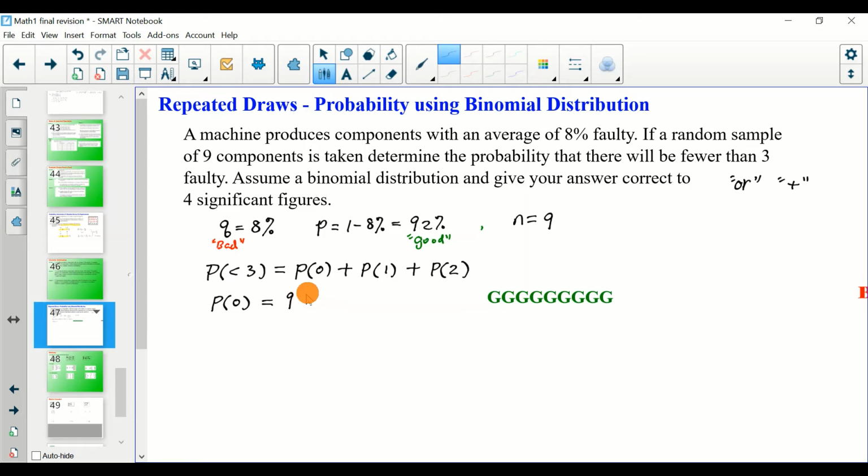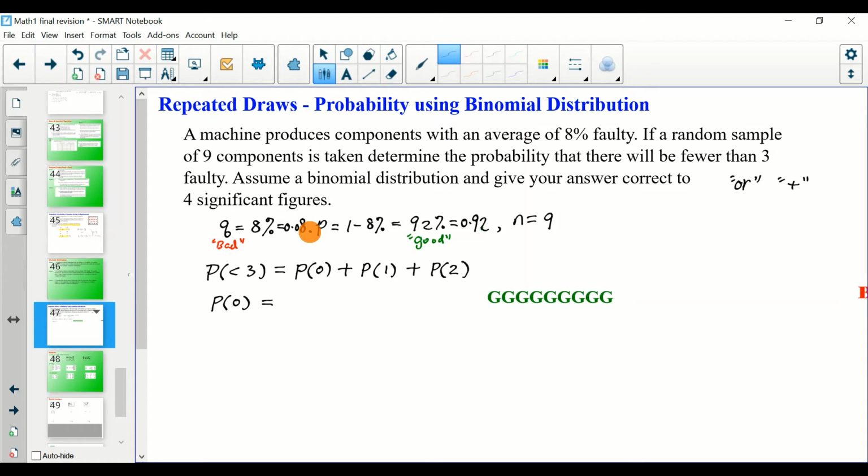So I'm going to write that 92 as 0.92, so it's a bit easier to put in the calculator. And then this, I will rewrite as 0.08.